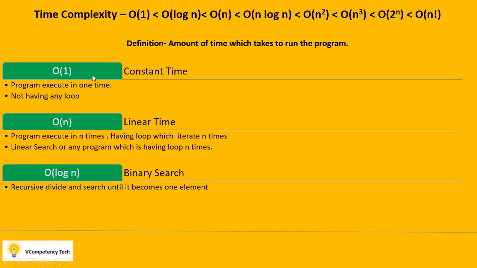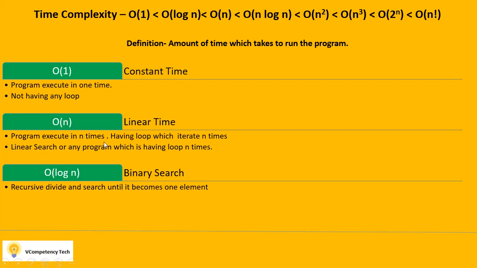We have the array list and list, which have time complexity O(n). O(n) is also called linear time.